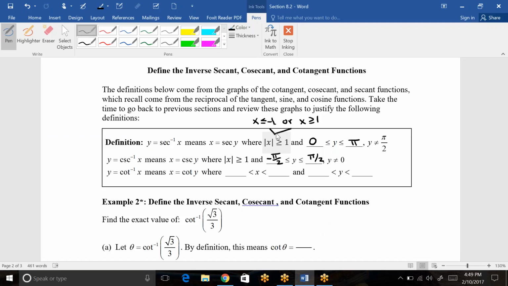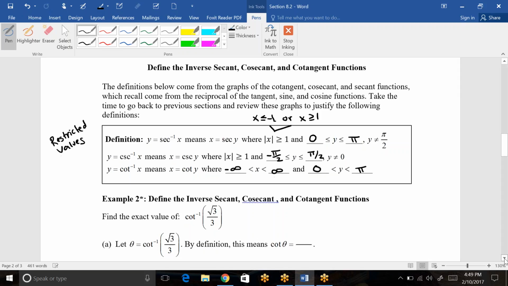So our cotangent, you can go from negative infinity to infinity for your x's, but you have to restrict your range. And notice it does not have equal to. Those are asymptotes. Okay, so this is just our domains and ranges, or our restrictions. These are our restricted values for these three inverses.